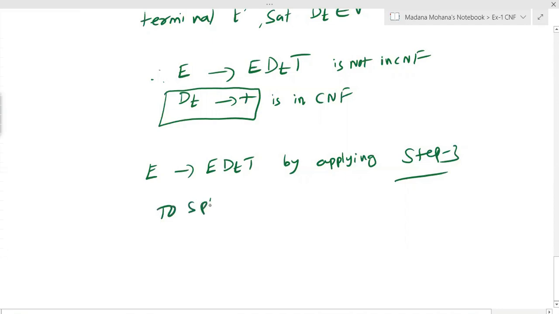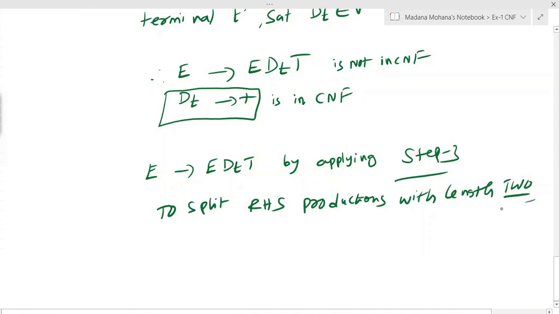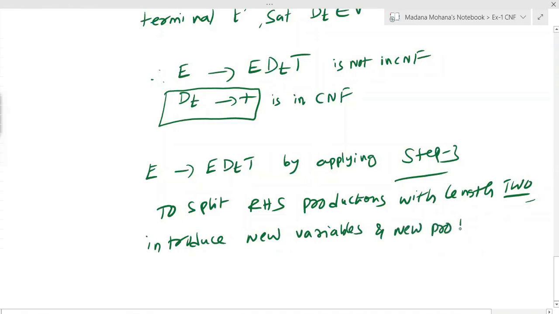To split right hand side productions with length 2, introduce new variables and new productions.